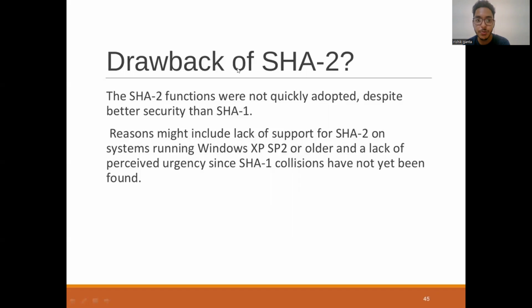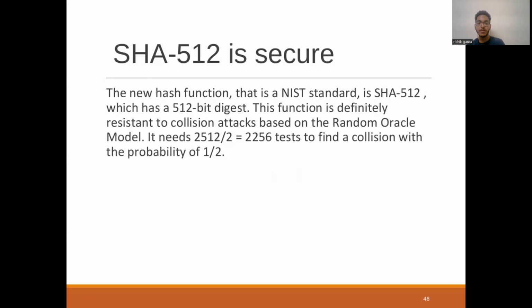Drawbacks of SHA-2. The SHA-2 functions were not quickly adopted despite being more secure than SHA-1. Reasons might include lack of support for SHA-2 on systems running Windows XP or older, and a lack of perceived urgency since SHA-1 collisions have not yet been found. SHA-512 is secure.